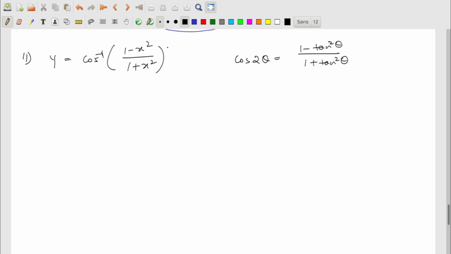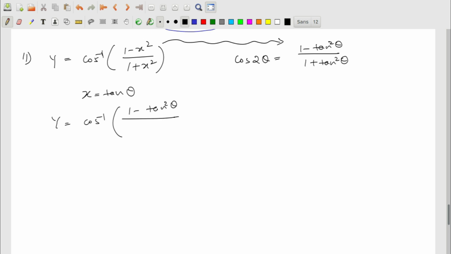So now you can compare these two. How can we get this? Just by making a small substitution, x is equal to tan of theta. Then this whole expression can be written as cos inverse of (1 minus tan square theta) whole divided by (1 plus tan square theta).